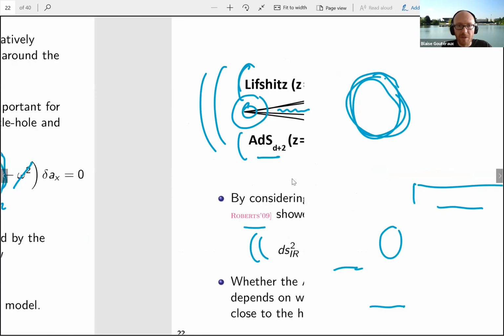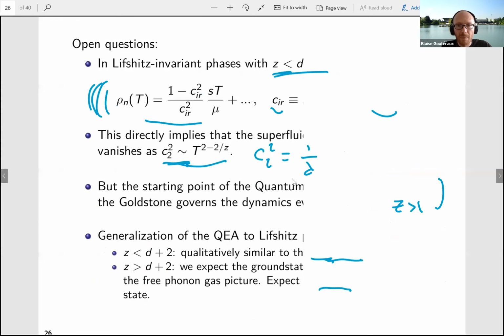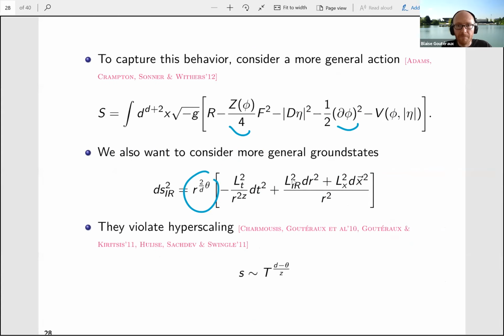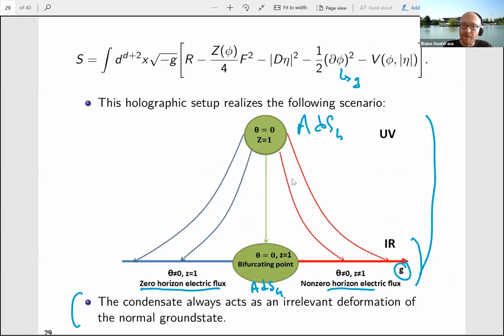I don't really have a picture for this, unfortunately. So this scalar field has a source in the UV, and I'm varying it. And the thing is that varying this source has the same qualitative impact on the system as varying doping would.